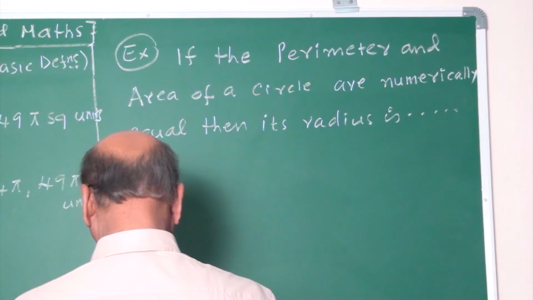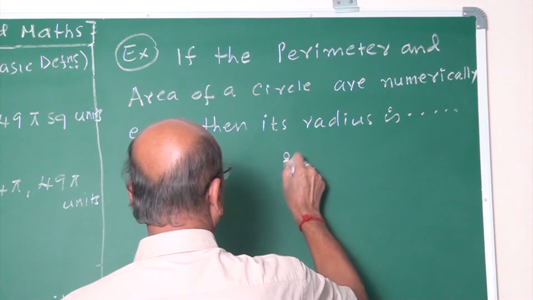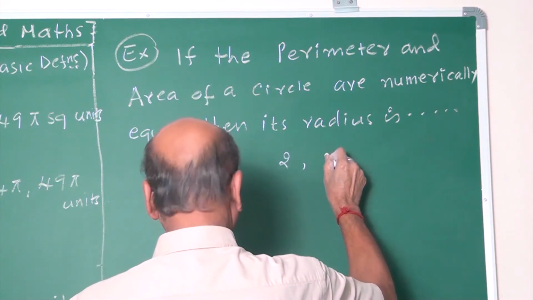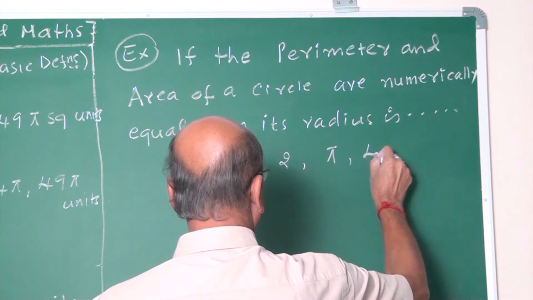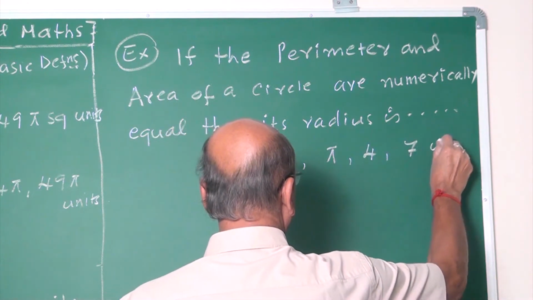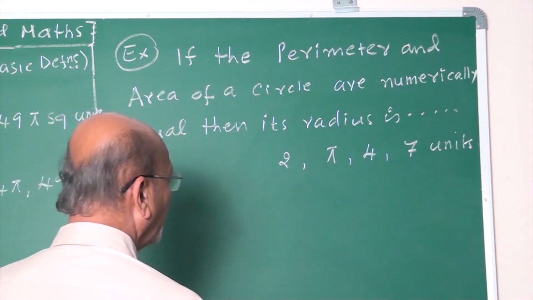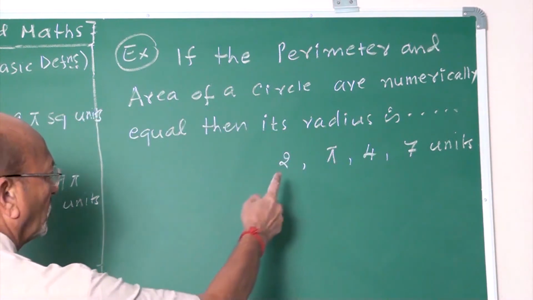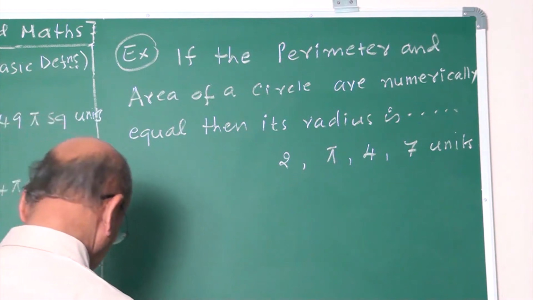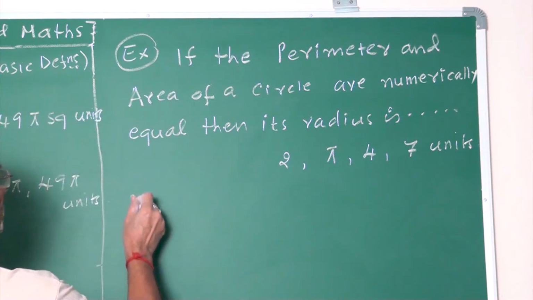These are the options: 2 units, 5 units, 4 units, 7 units. These are the options A, B, C, D. Yes. What is given, my friends?